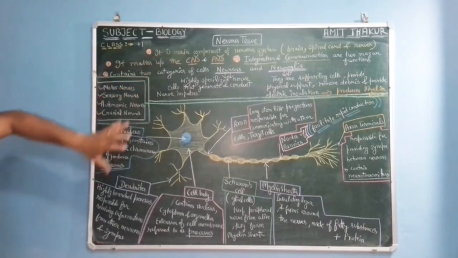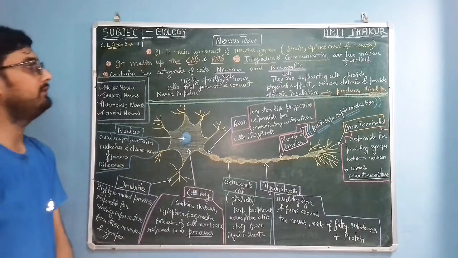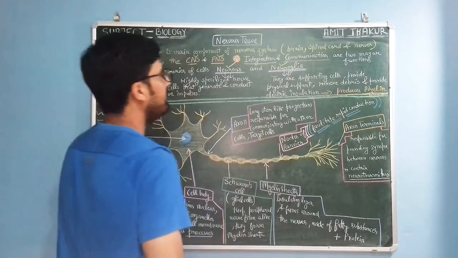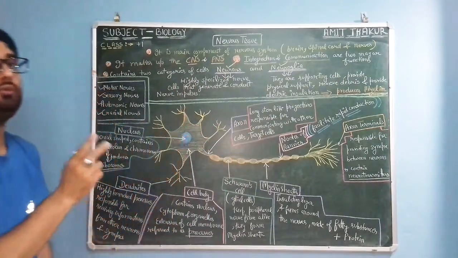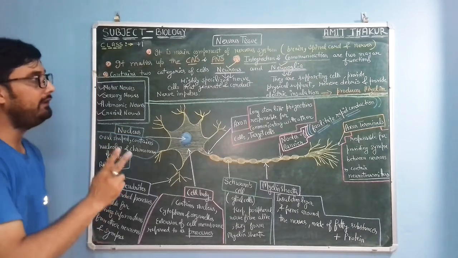This nervous tissue contains two different categories of cells: first neurons and then neuroglia. What are their functions?